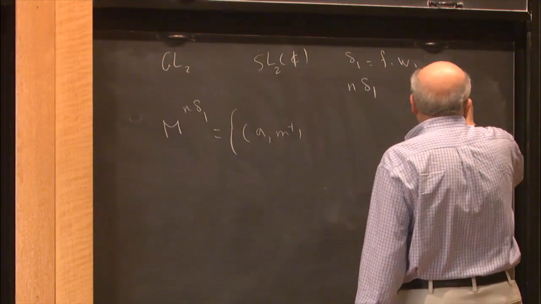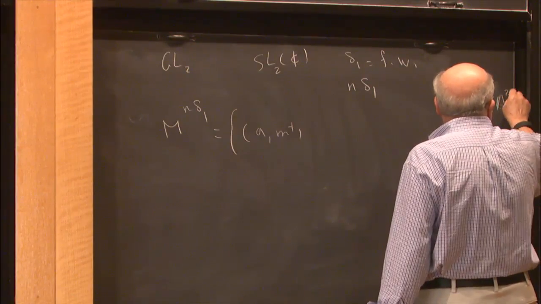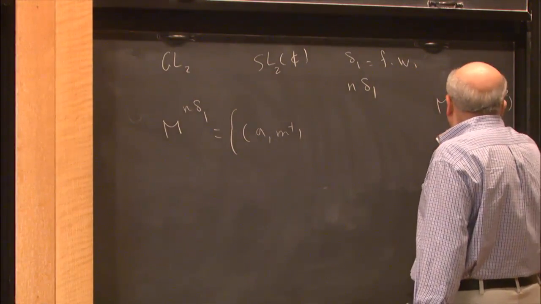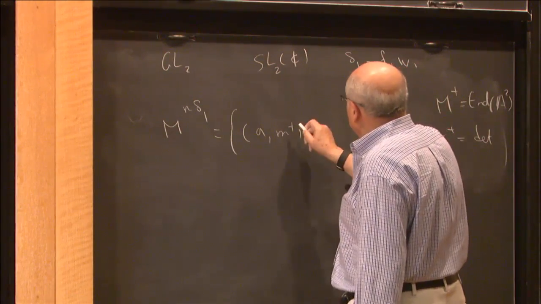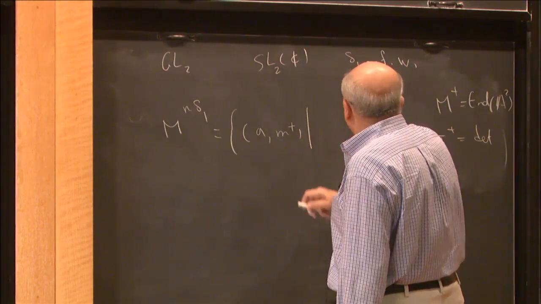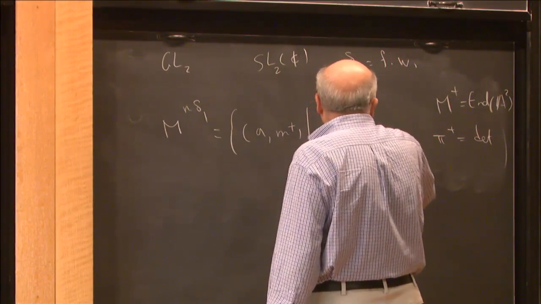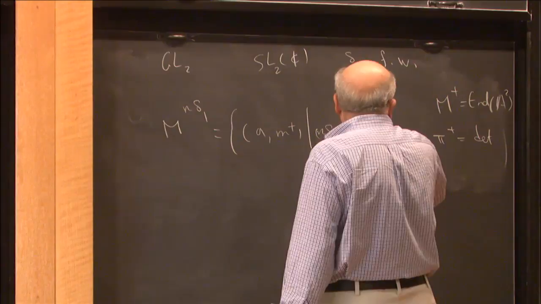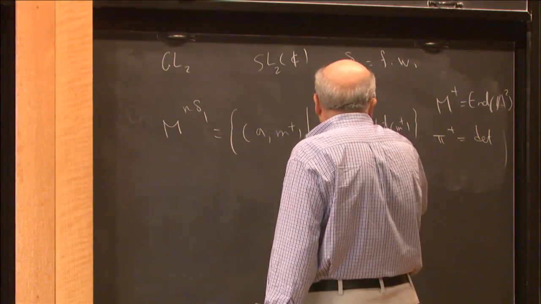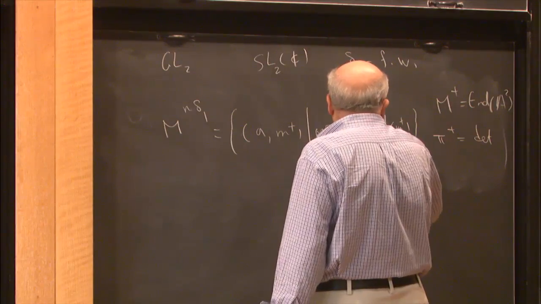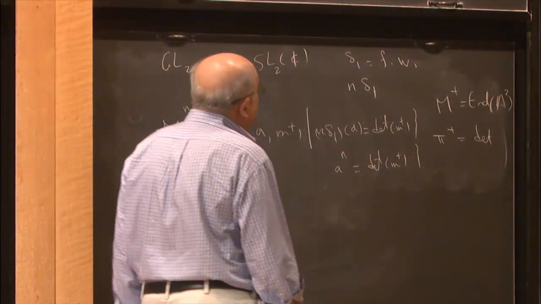Your M plus is just going to be endomorphisms of A2, and your map pi plus will be just the determinant. This is not true for GL3, just for GL2. And then you're going to have that n delta 1 of A must be equal to the determinant of M plus, or that A to the n is equal to the determinant of M plus. So this will be the determinant of M2.